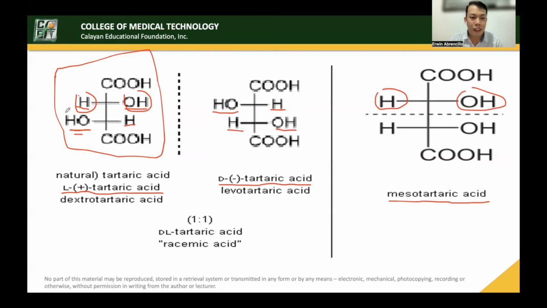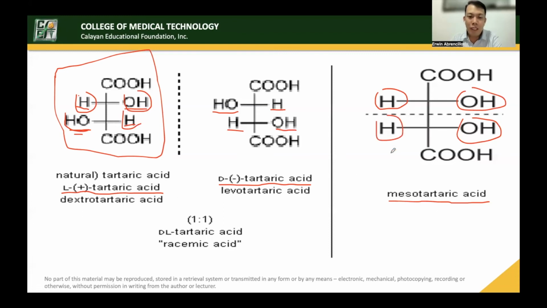And this OH is found at the left. This is found at the right. So this one is okay. This part: H at the left, and this is H at the right, and this is H at the left.